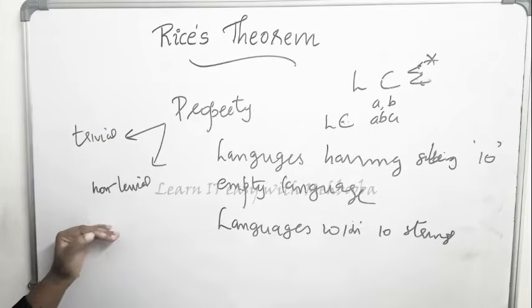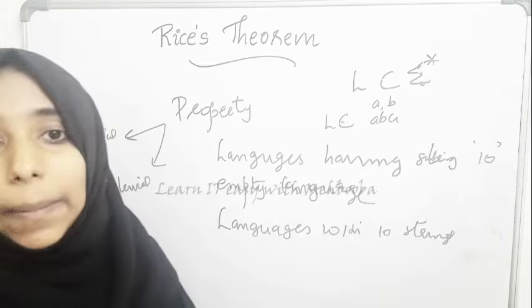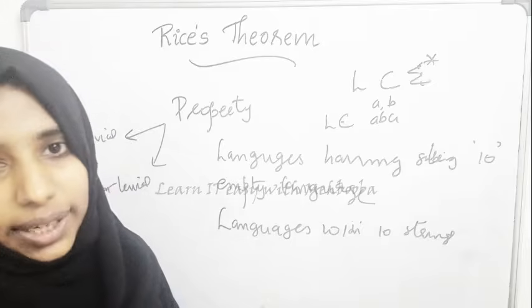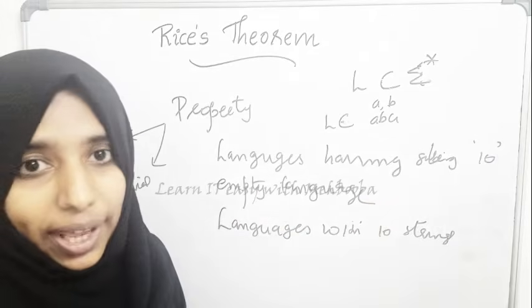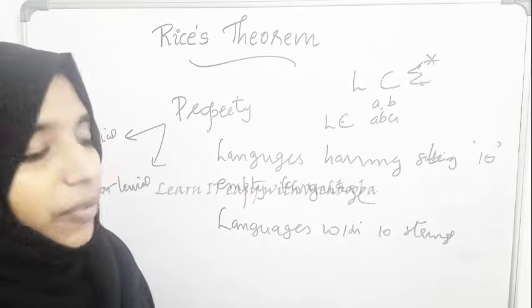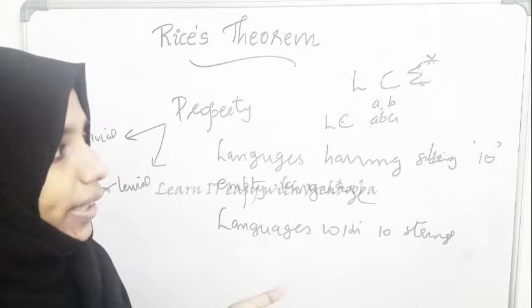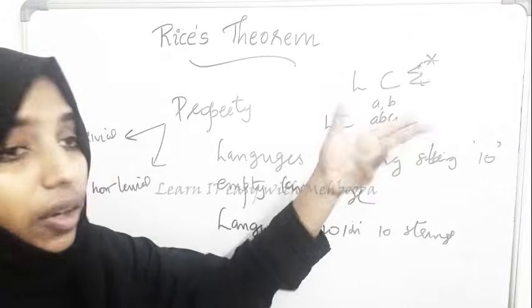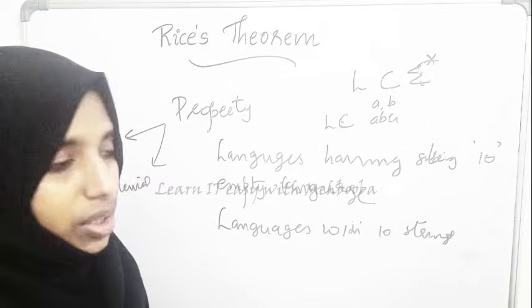Non-trivial properties are properties which some Turing machines satisfy and at the same time some other Turing machines do not satisfy. For example, languages having string 10. All the Turing machines will not have a string 10 in their language. For example, if the Turing machine's alphabet contains symbols A comma B, definitely they are not going to have this string 10 in their language, isn't it?